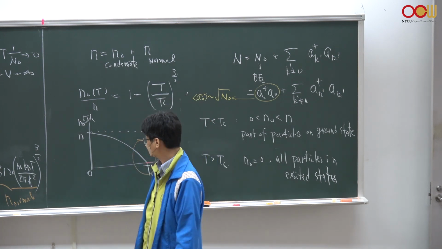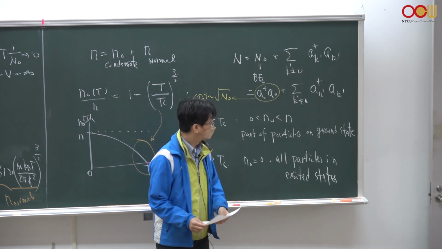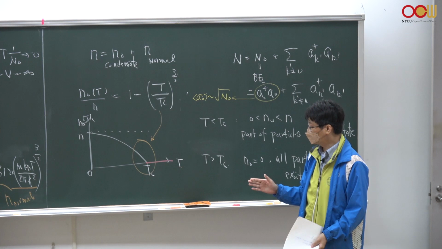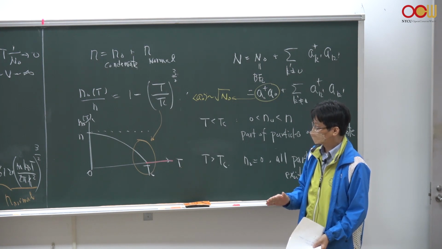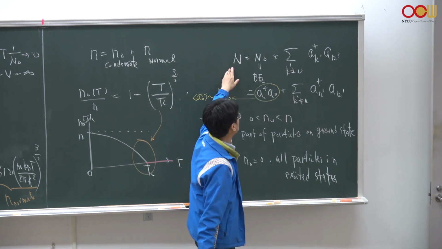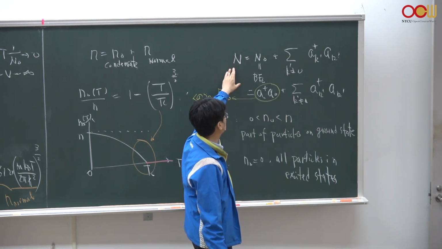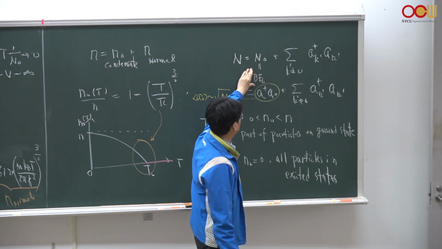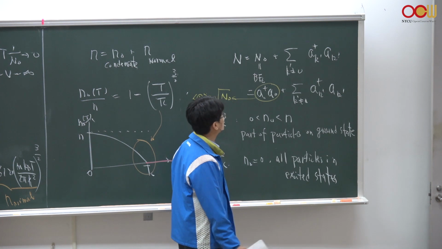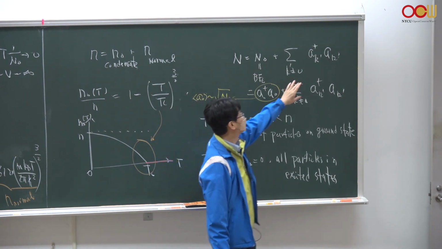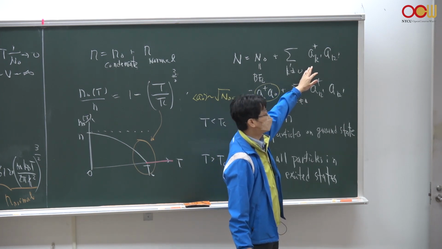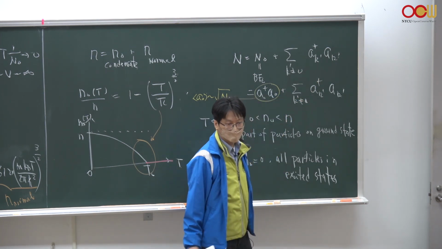And this kind of separation between the normal or excited state bosons from the condensate bosons could help us rewrite this number operator in terms of both the condensed part N0 and the excited state part, which is the sum over all this boson occupation number, A dagger K prime, A K prime, where K prime is non-zero.